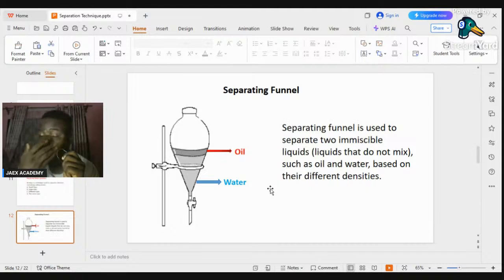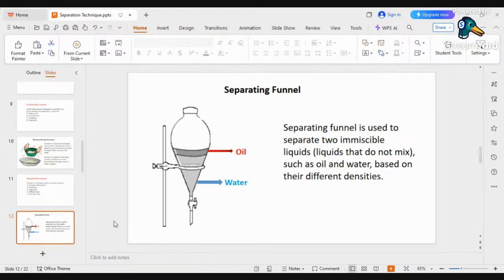So, like I was explaining, the third type of technique we look at is the separation funnel. We said the separating funnel is used to separate two immiscible liquids.